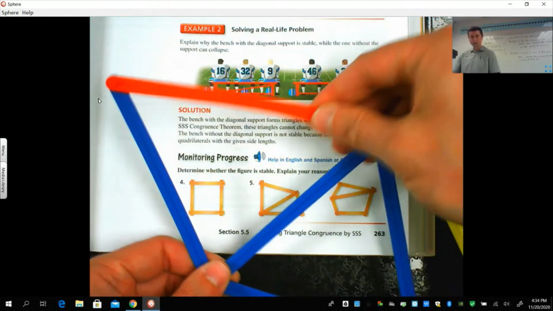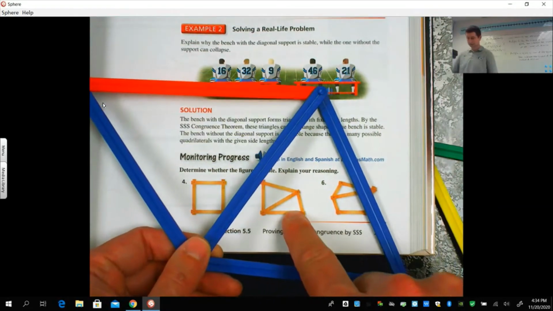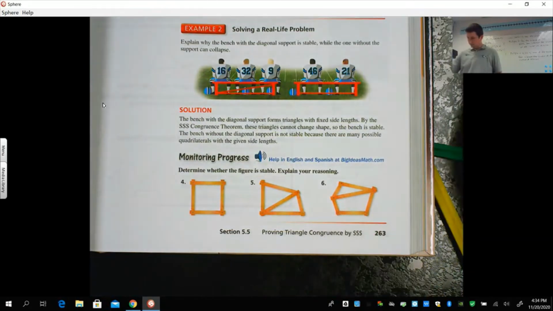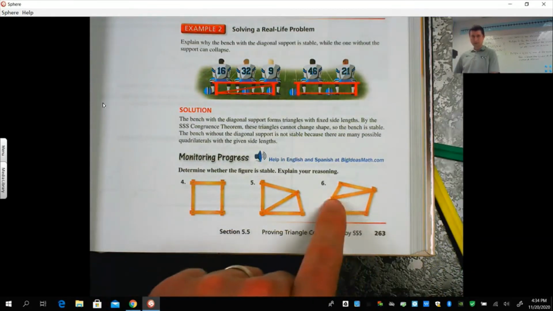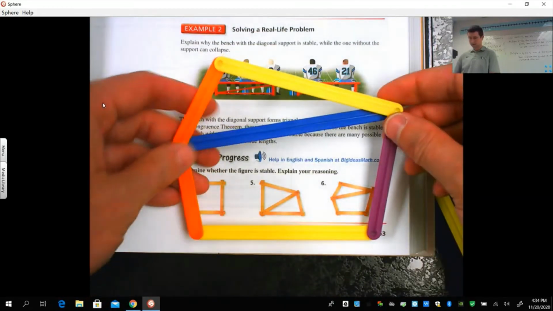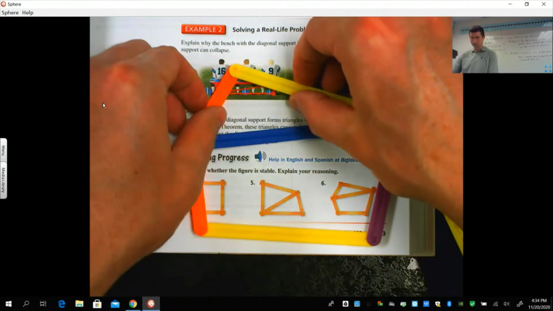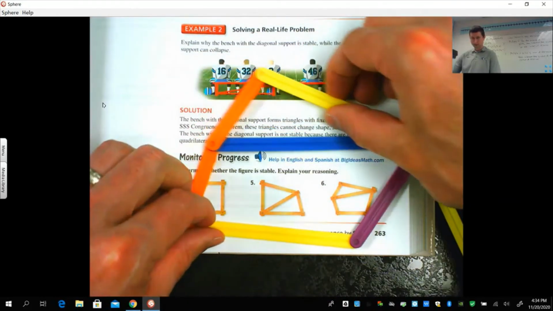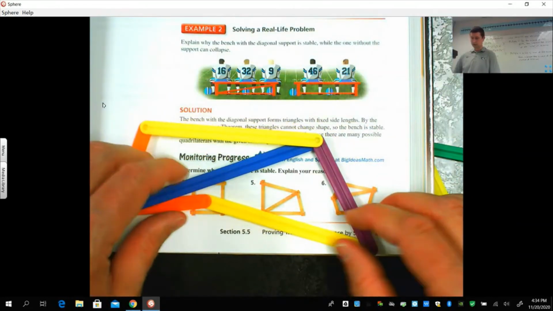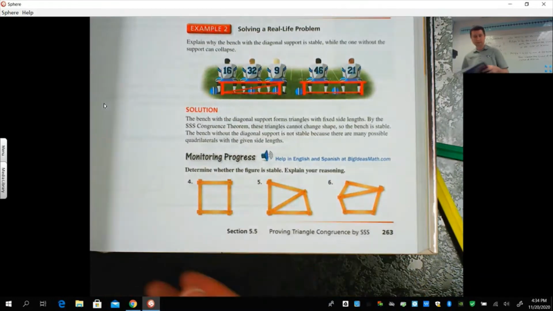No, that doesn't seem to shake on me. Again, you have triangles, that's going to be stable. Here we have, I made this one beforehand, a quadrilateral on the bottom, then a triangle on top. Is that going to be stable? Do you think I can change that shape? The triangle up here, I can't change that, but down here, the quadrilateral can change shape. So this one would not be stable. So triangles are stable, quadrilaterals are not stable.